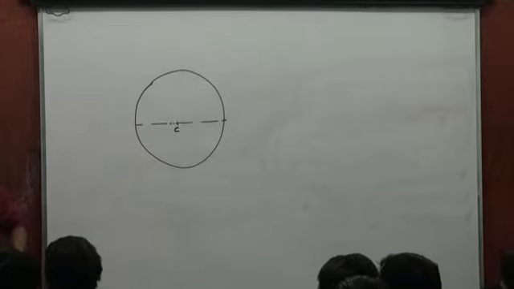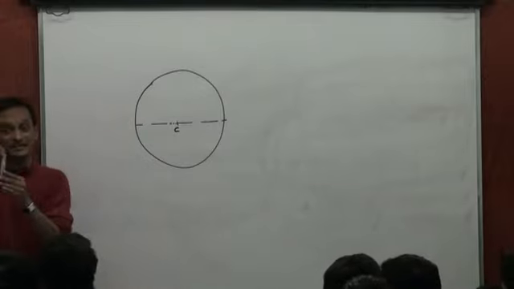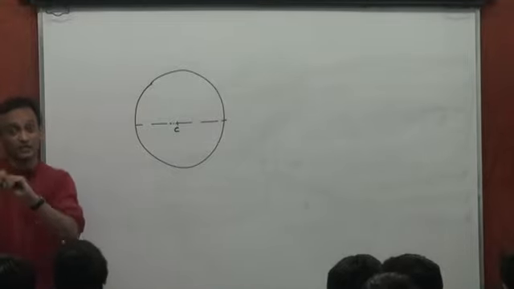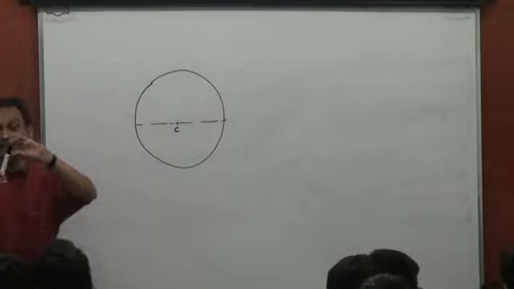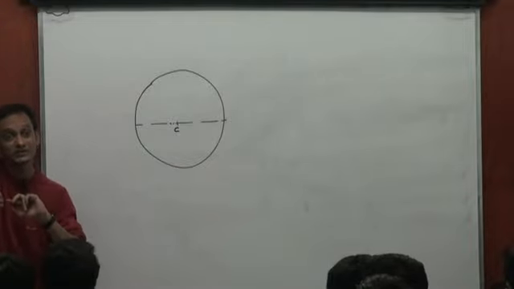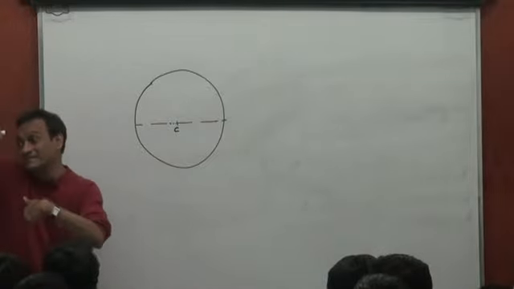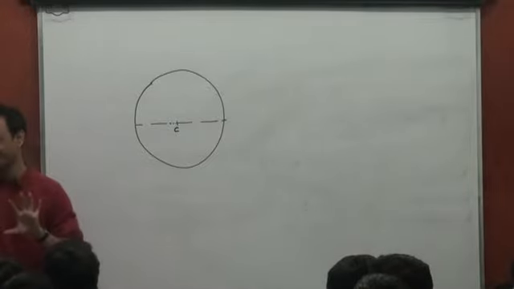Why? Sphere. Realize that. Because given the center, given the radius, the circle could be like this. Given the center, given the radius, the circle could be like this, or like this. So out of all these circles that you can generate with a given center and a given radius, you will generate a sphere.